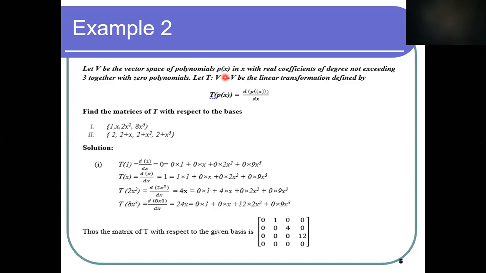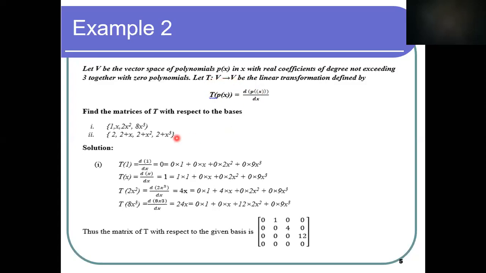It is possible that you can take a vector space of polynomials to another vector space of polynomials. Like this transformation T, which takes any polynomial to its derivative. I mean to say T is a transformation from the set of polynomials to the set of polynomials.